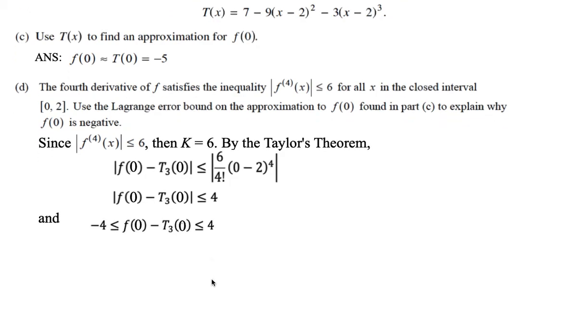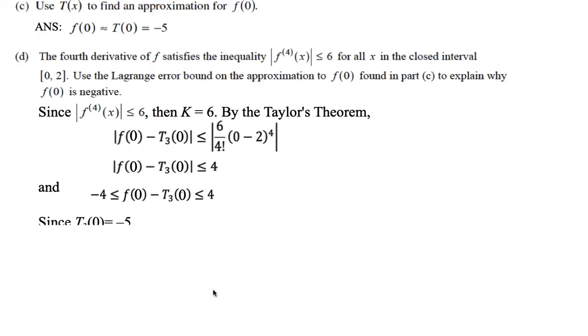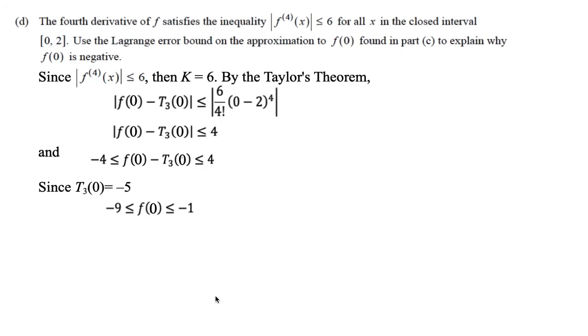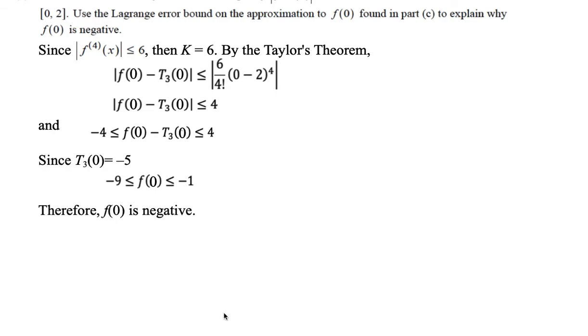And f of 0 minus the third degree Taylor polynomial at 0 must be between negative 4 and 4. Since the third degree Taylor polynomial at 0 is negative 5, we can say that f of 0 must be between negative 9 and negative 1. And therefore, f of 0 must be negative.